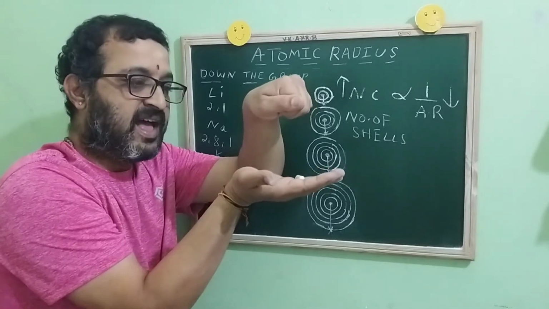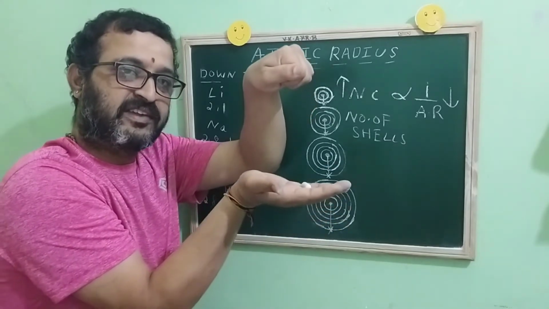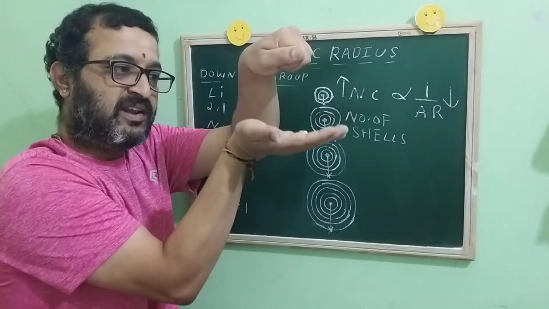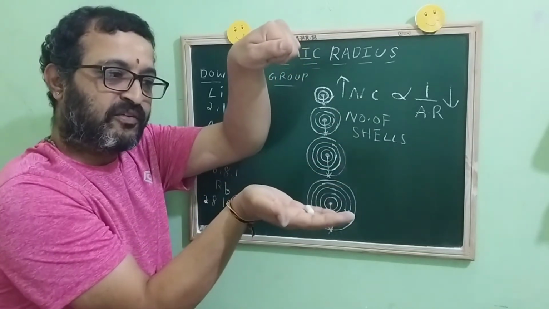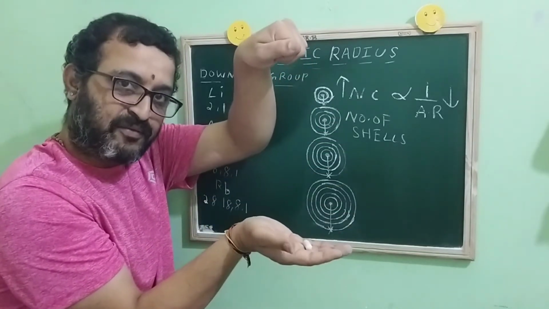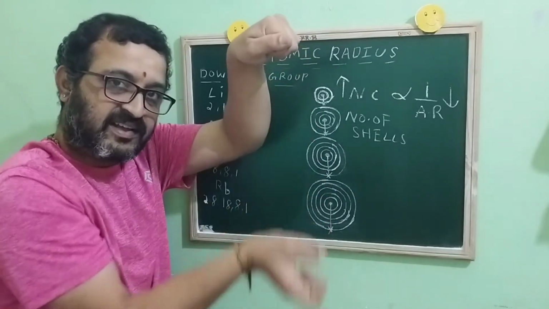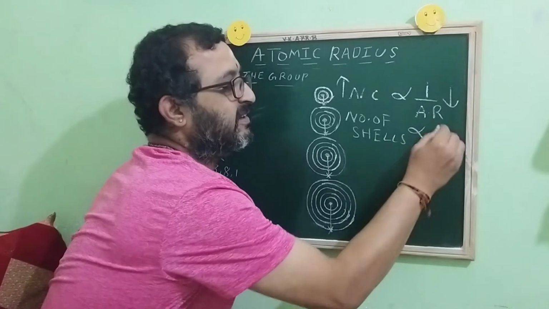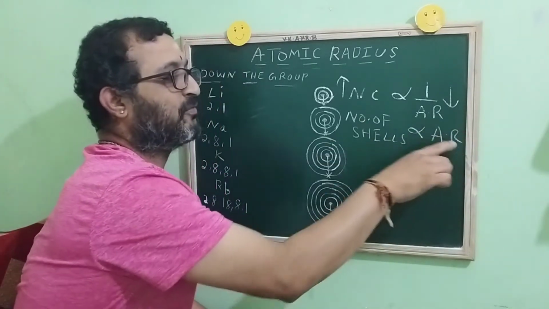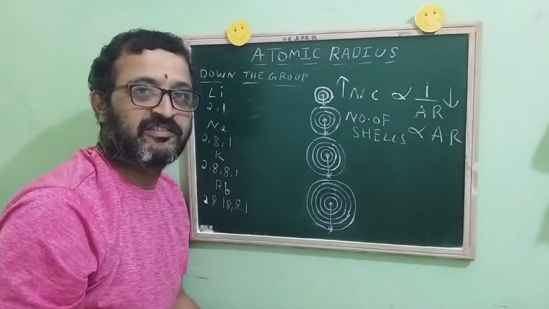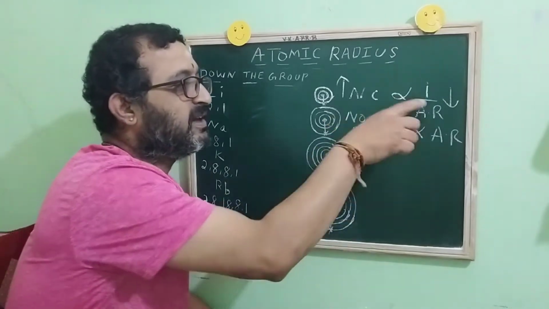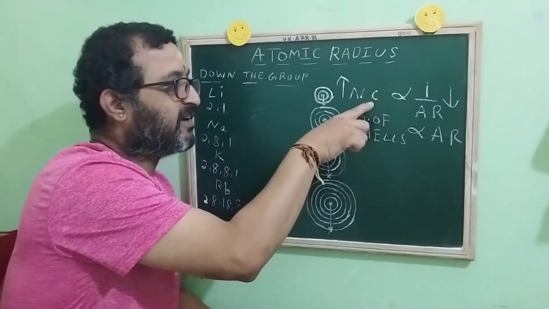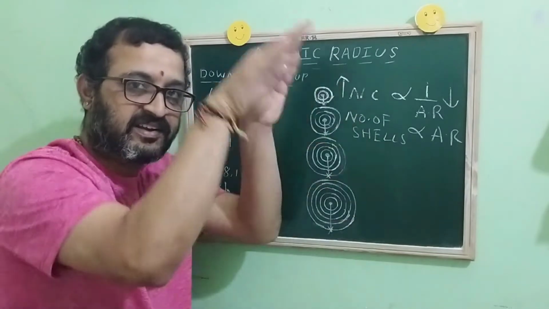As the number of shells increases, see, 1 shell, 2 shells, 3 shells, 4 shells, 5 shells, the atomic radius is going to what? Increase. The relationship between number of shells and atomic radius is what relationship? Direct relationship. Here it is inverse, and here it is direct.